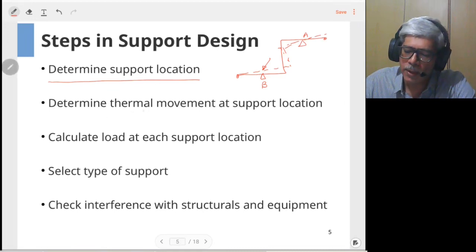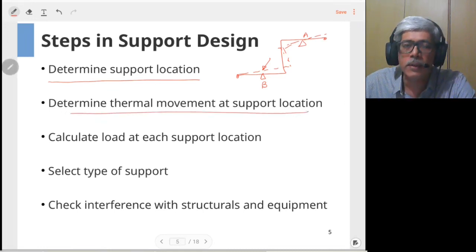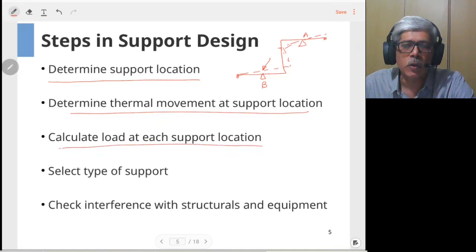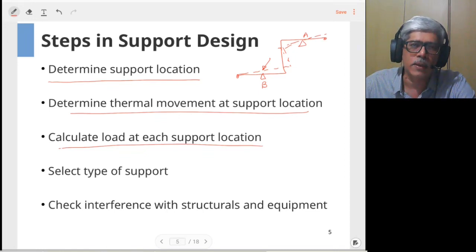That needs to be known. So the next step is to determine the thermal location. That is a separate calculation. Once we know these two points, we need to calculate load at each of the support locations. If it is a simply supported straight pipeline, you can use the regular strength of materials approach to calculate the support reactions. Typically you have multiple supports and the pipeline itself is in three dimensions.